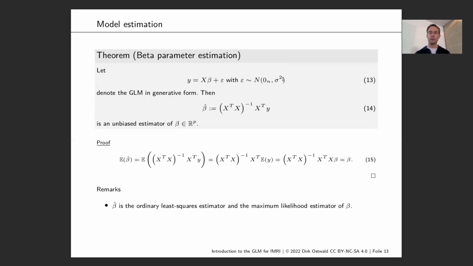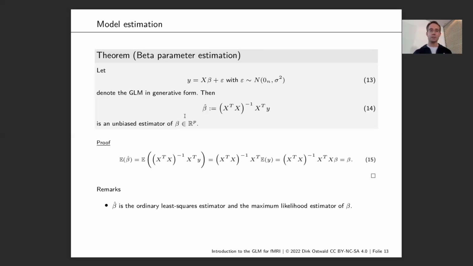We have the GLM here, our n-dimensional data vector y, x beta, design matrix times beta parameter vector plus epsilon, and epsilon being distributed centered on 0, n, with spherical covariance matrix, and here again, because it's copy-paste, the I_n is missing. I hope I remember all the typos. Usually I put the typos in on purpose, but I guess some of them I remember tonight, and then I adapt the things.